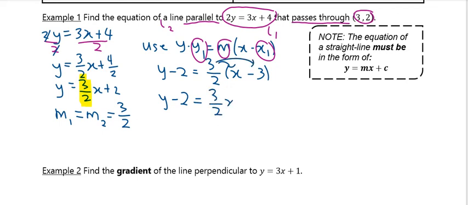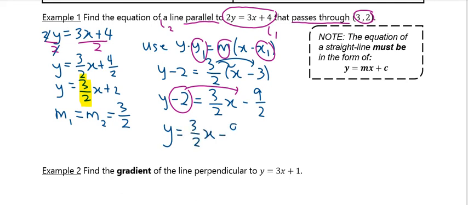I will just leave it as 3/2 x minus 3/2 multiplied by 3, which will be 9/2, right? Proceeding from here, let's make it into the form y = mx + c. So we have to move -2 to the right hand side. So y = 3/2 x - 9/2 + 2.